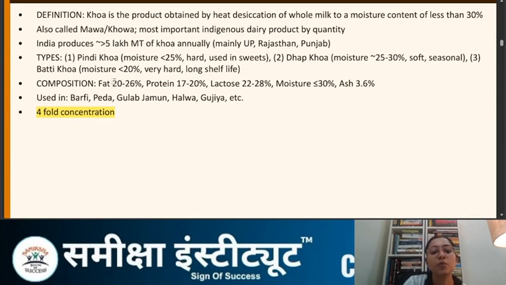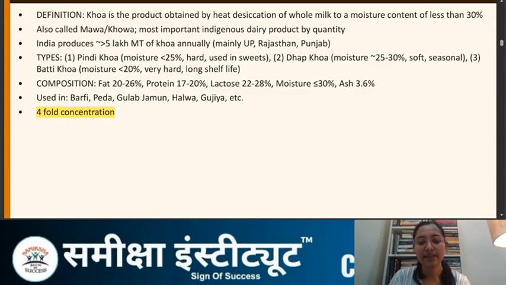It can be more than that, because sometimes higher values will also be there, but if you forget these questions, you can easily remember that we are going for 4-fold concentration in the case of khoa. So if the initial value is 5%, what will be the final fat percentage in the product? It will be around 20%.